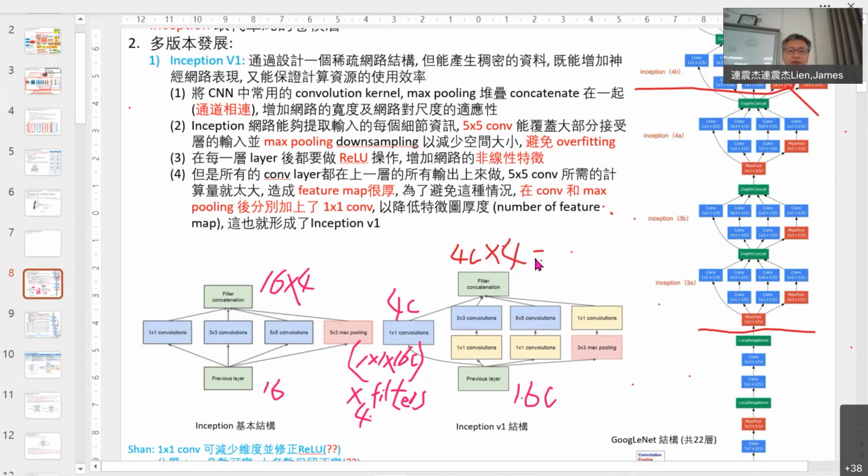So become 16 channel. Okay. So that's meaning what? Meaning, suppose in VGG 16, because only one path, so your output will be the same.